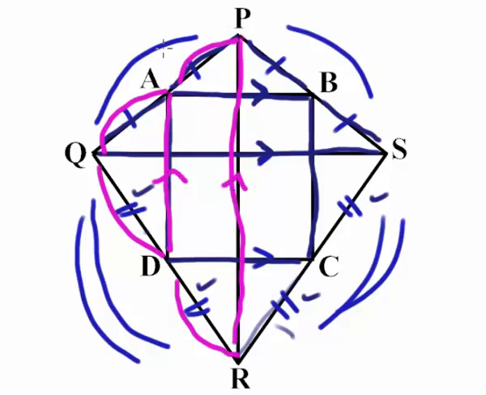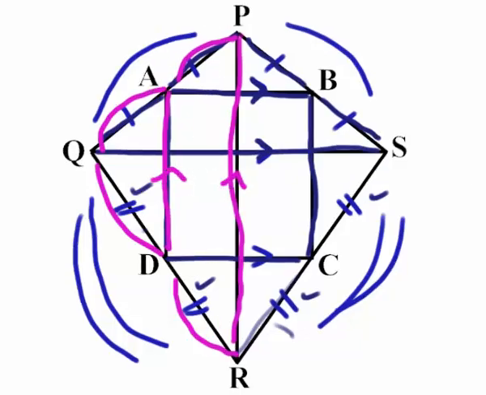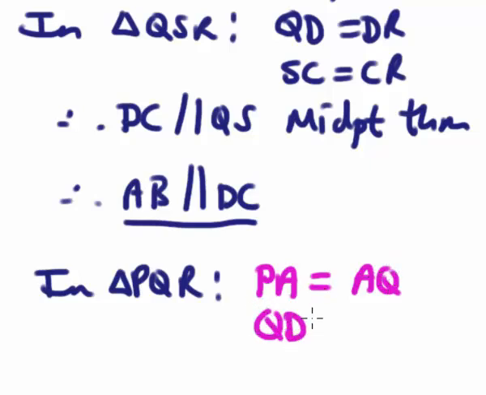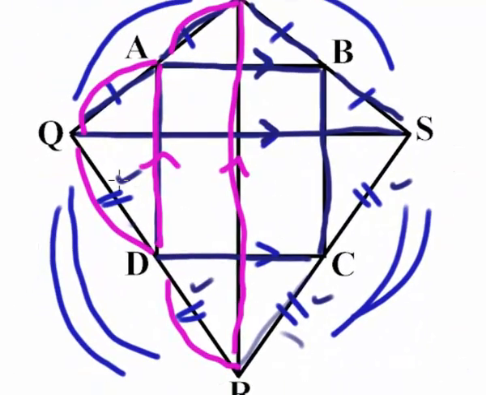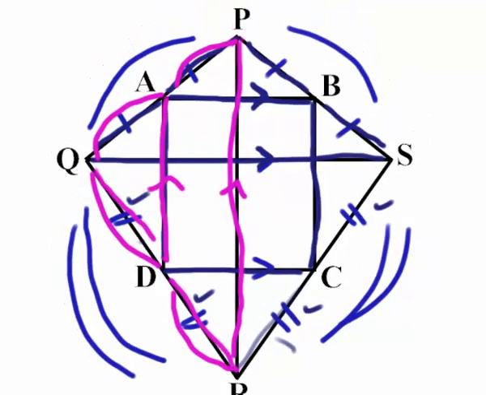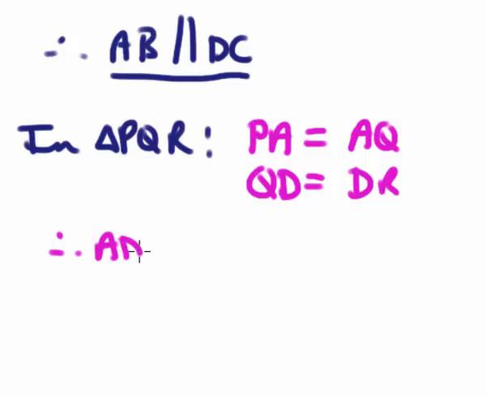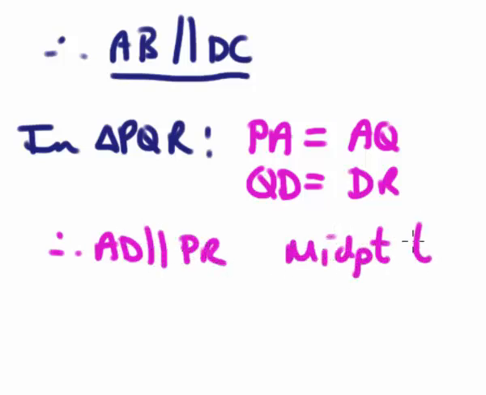So PA is equal to AQ. If you look at PQR, and also QD is equal to DR. See that there? Therefore AD is parallel to PR, by the midpoint theorem.